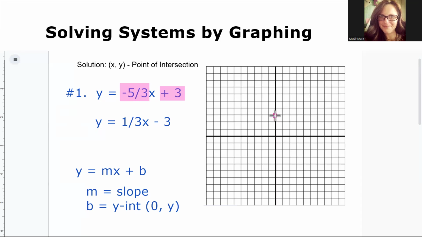We'll go down 5 and to the right 3. This is the second point on our line. Let's do one more. You could also go up 5 and to the left 3. Here is our first line.